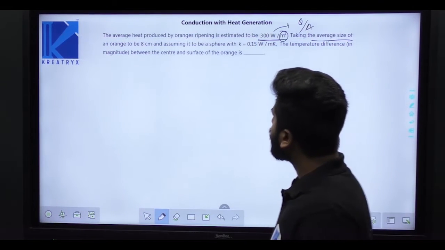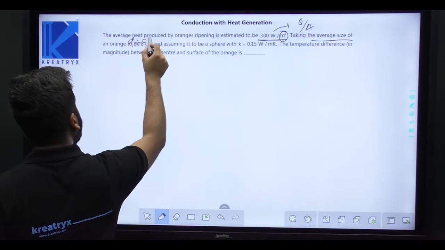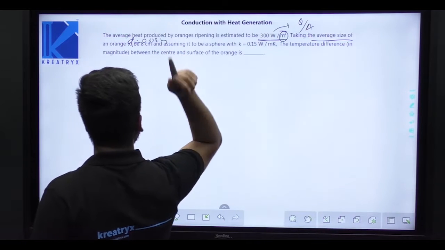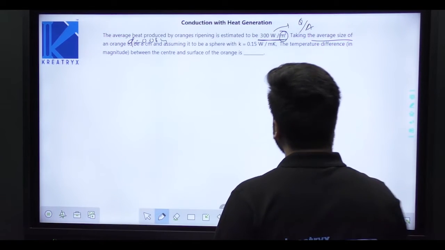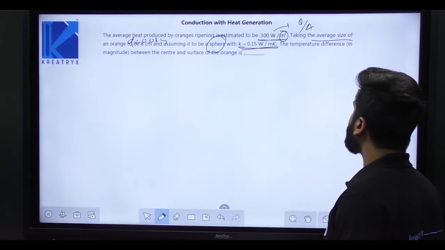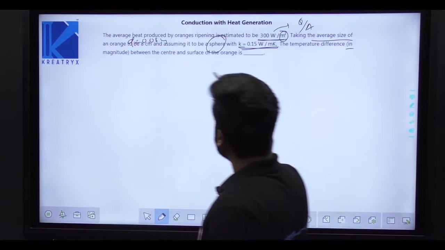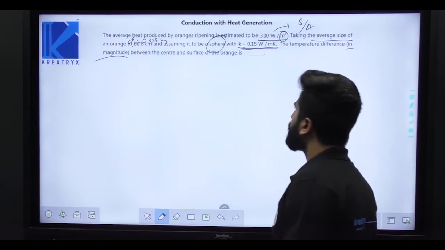Taking the average size of an orange to be 8 centimeter, that is, its diameter is given as 0.08 meter, and assuming it to be a sphere with thermal conductivity 0.15 watt per meter Kelvin, find the temperature difference in magnitude between the center and the surface of the oranges.